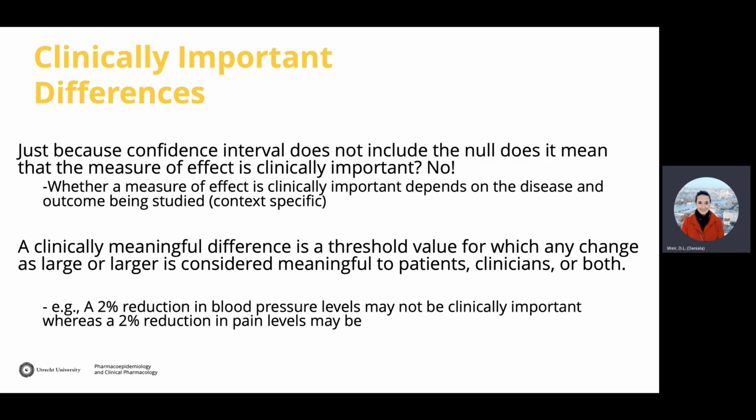It's not usually something that you can just pick off the top of your head. So that's important to understand: even though you've interpreted your results statistically, the clinical meaning or importance of that interpretation needs to be further assessed.